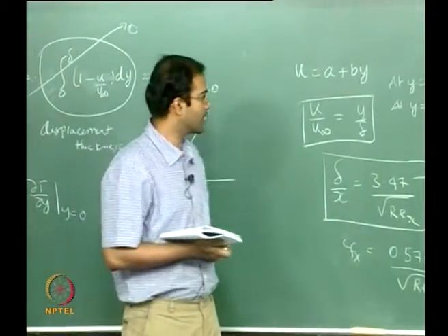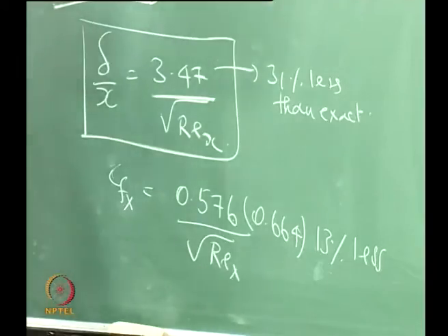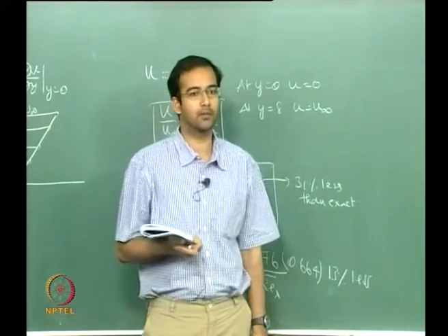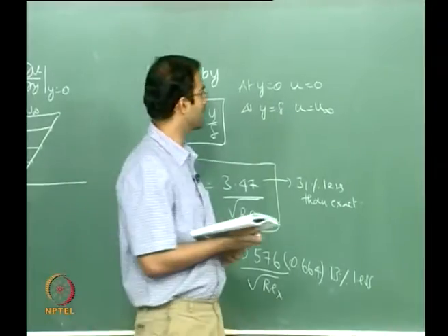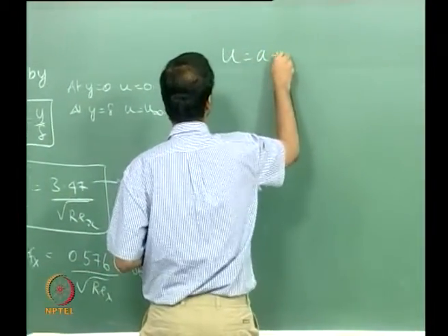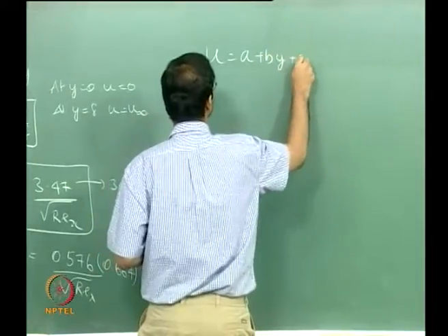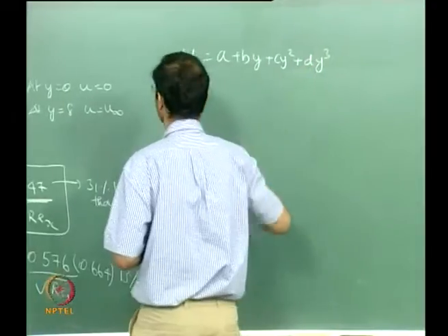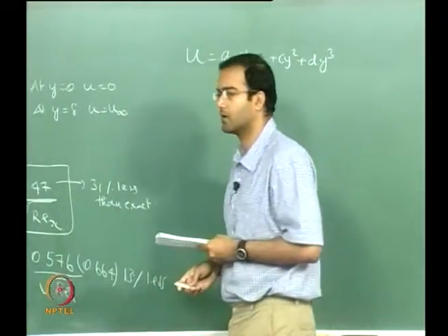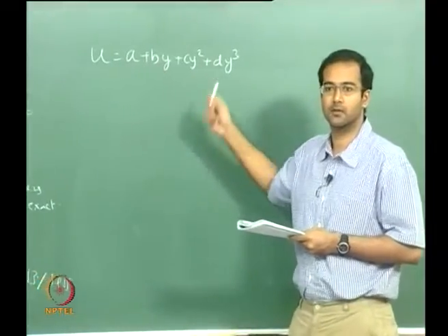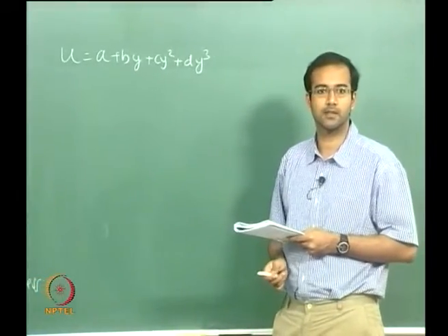Then what we did was improve the profile assumption from a linear profile to a cubic profile. We assumed a profile something like a plus by plus cy square plus dy cube. Now that it is a higher order polynomial, we need to satisfy more boundary conditions to determine these additional constants.